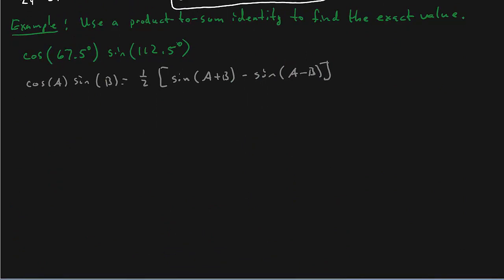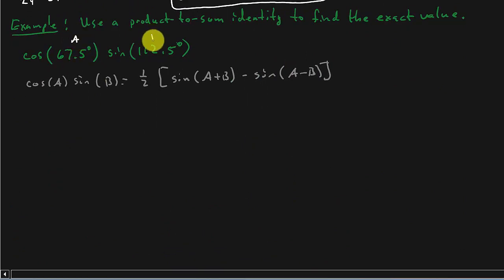All right, so once again, there's A, there's B. So we've got cosine 67.5 degrees times sine of 112.5 degrees.